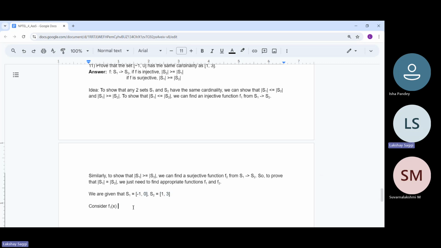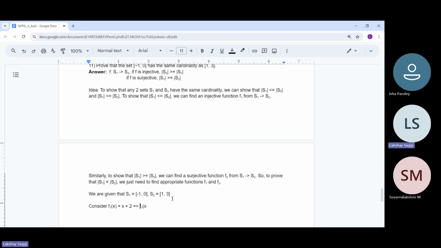I don't think it's too hard to see that for finding an injective function here, injective function is just one function. So what we can do is this can just be equal to x plus 2. So if f1 of x is equal to x plus 2, then this will be injective. And why is this the case?